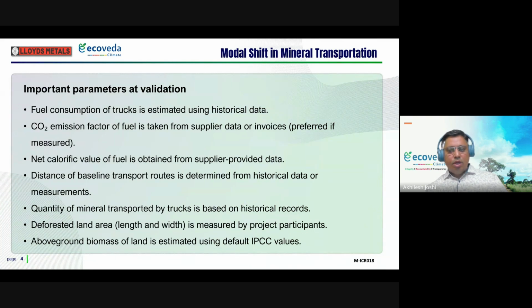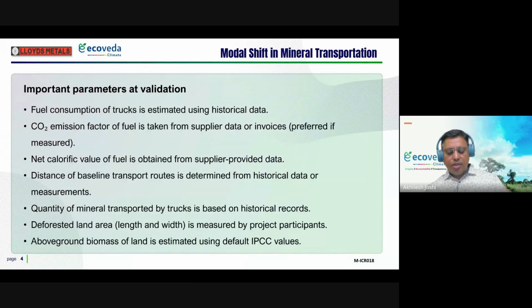We try to use the same hierarchy as we have in CDM and other mechanisms. First we go with local data, then regional, and then national. If national is not available, then the IPCC default value can be used. The same goes for the net calorific value of the fuel which was used in the trucks.